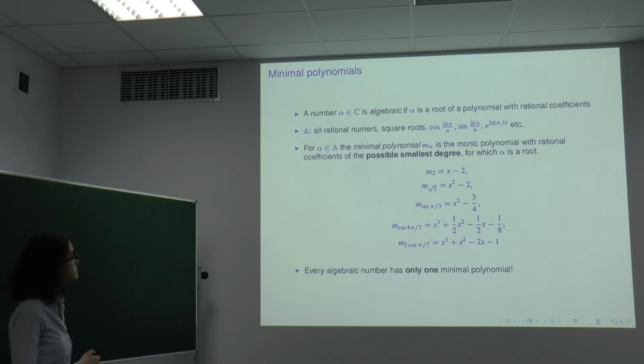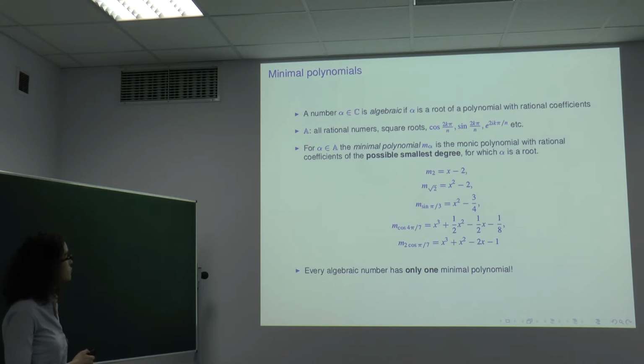Let us start from the most important definition. A complex number A is algebraic if A is a root of some polynomial with rational coefficients. And in general, the number of such polynomials can be infinite.